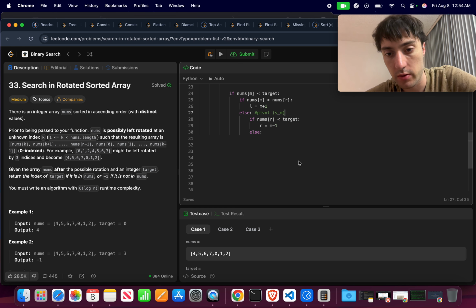And the pivot occurred in the first half, so something like this. Okay. And this middle point is too small. So I need to check if this ending point is bigger than target.